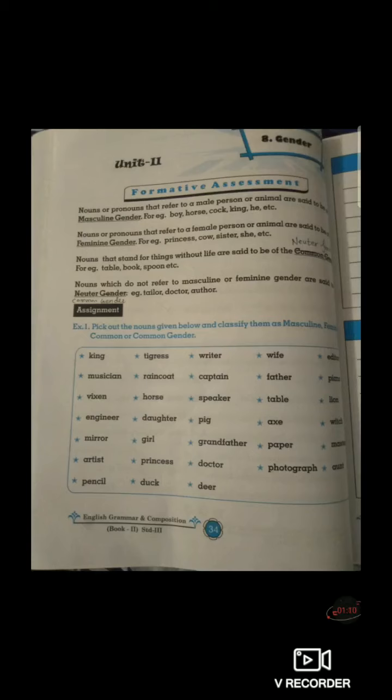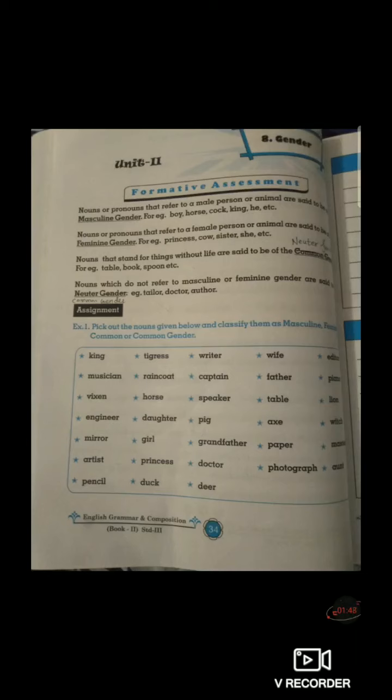For example, boy, horse, cock, king, he, etc. Now the third line: nouns or proper nouns that refer to a female person or animal are said to be of the feminine gender. For example, princess, cow, sister, she, etc.